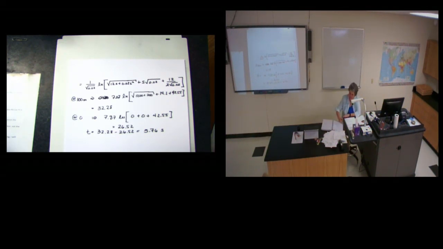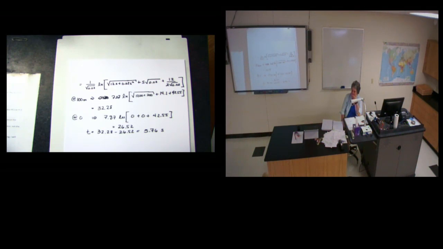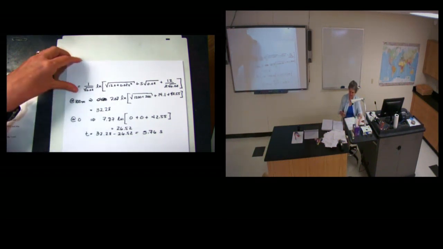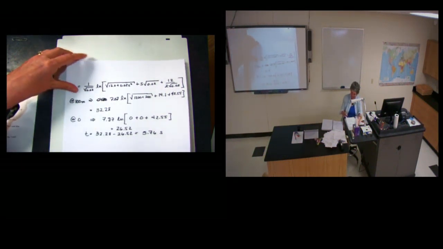So now I have minus 1 over k natural log of v minus ks plus 1 over k natural log of v. So some reminders, I'm not done, even though I have a function, I have to clean it up.